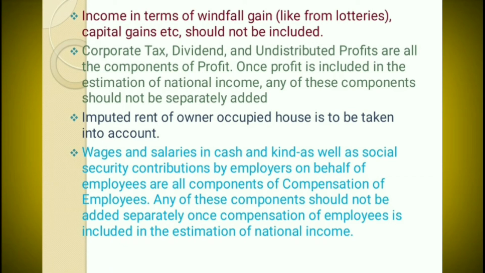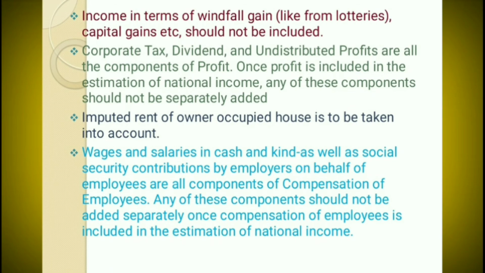Okay, in economics all houses have rental value, whether it is rented or owner occupied. Next and last one, that is wages and salaries in cash and kind, as well as social security contribution by employers on behalf of employees, are all components of compensation of employees. So these are the components of compensation of employees.